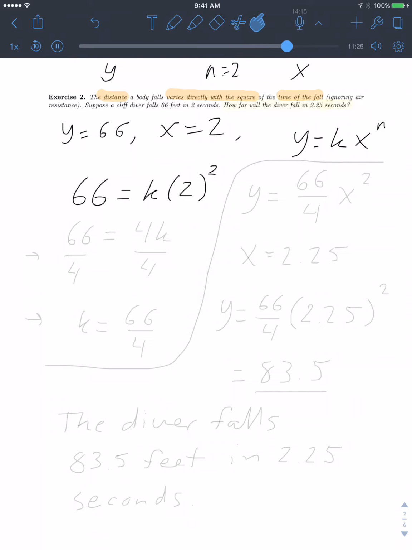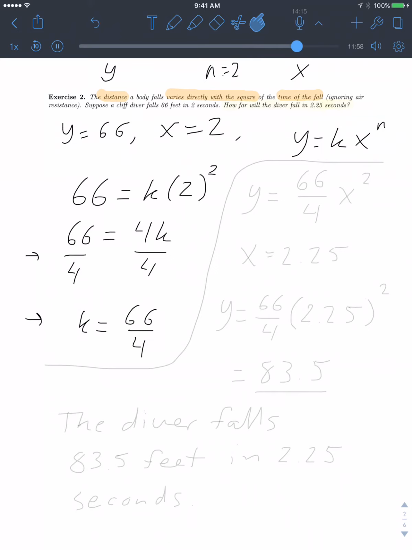So, where does that leave us? Well, we know that 66 is equal to 4k. If we divide both sides of this equation by 4, then we'll see that k is equal to 66 fourths. Now you could leave it like that, or you could round your answer. I like to leave it in that fraction form.